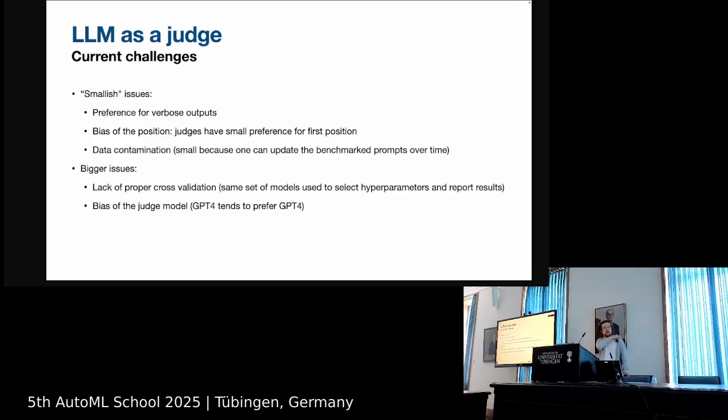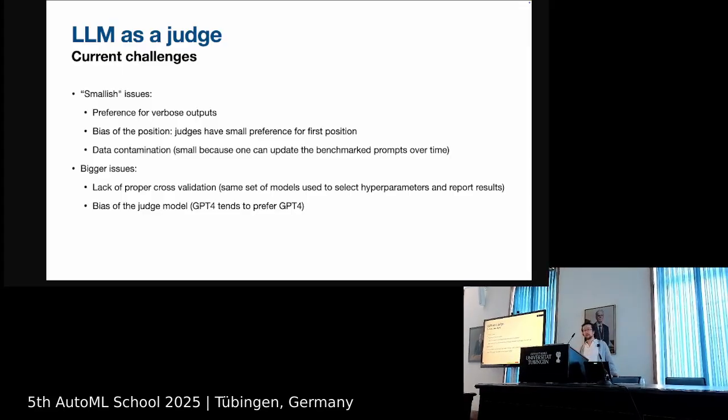It's weird why they do that, but for instance, GPT-4 tends to prefer output from GPT-4. And all these LLM as a judge setups use GPT-4 as a judge, so there is a self-reinforcing thing. Also, GPT-4 is not even open weight, so it is not great. So state-of-the-art judges use closed models, and this clearly poses some issues.